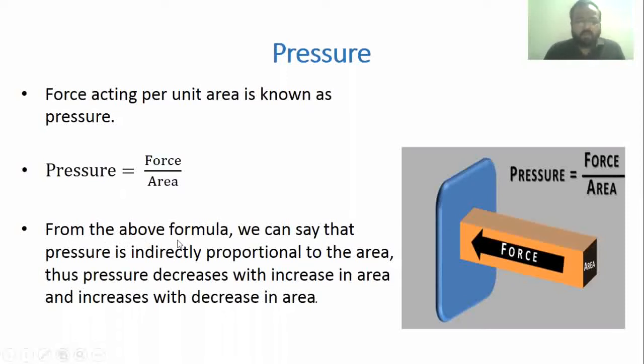From the above formula, we can say that pressure is inversely proportional to area. Thus, pressure decreases with increase in area and increases with decrease in area. So if we increase area, then pressure would decrease.